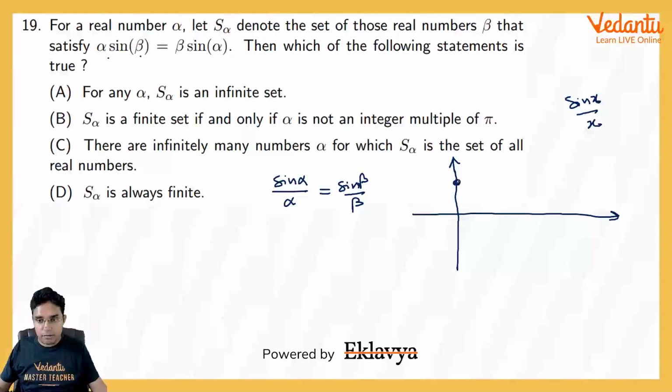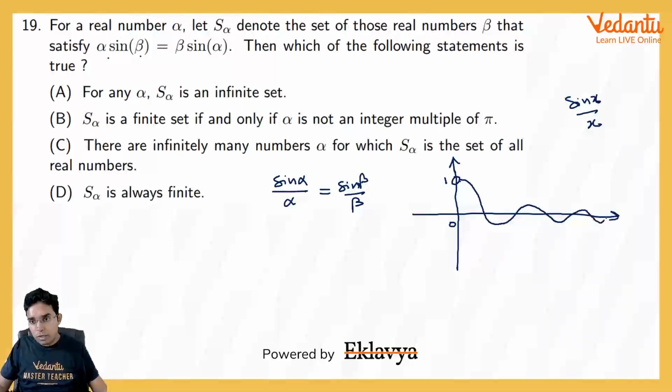This is one very important, very famous limit. So we can write 0 here, we can mark 1 here, barring at 0, because at 0 it will not be defined. But after this, if we draw the diagram, sin x upon x will be going like this and this and this and so on.